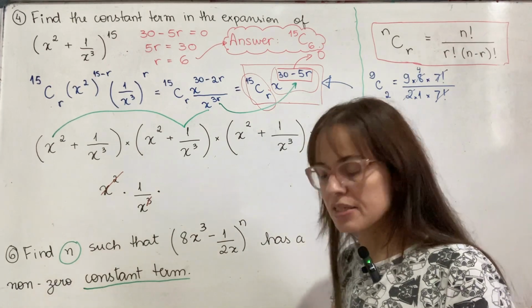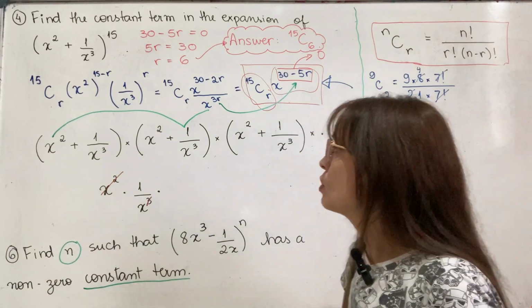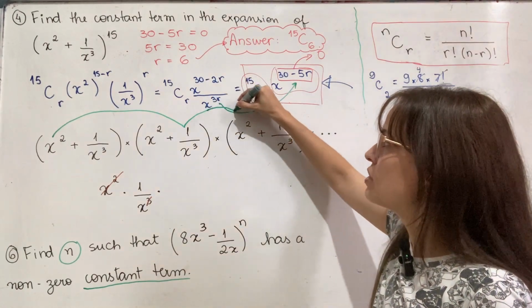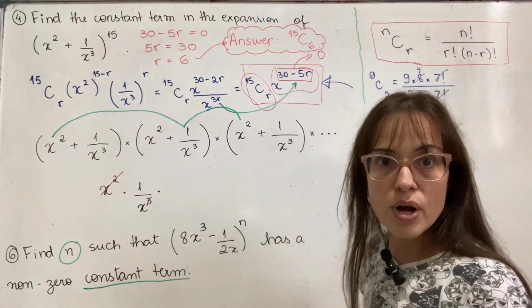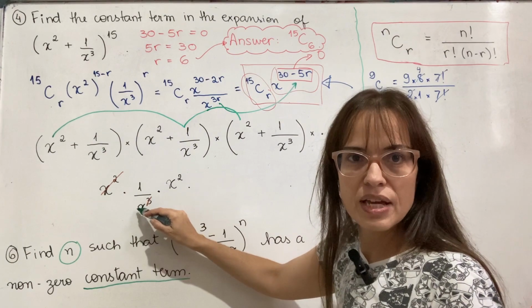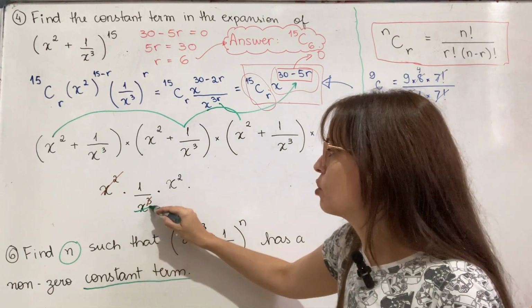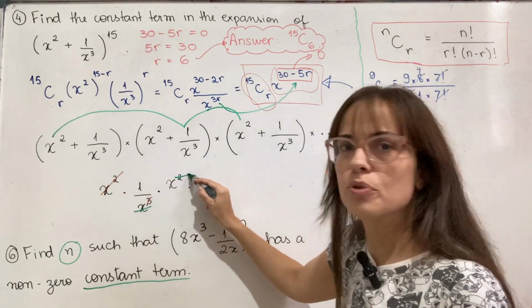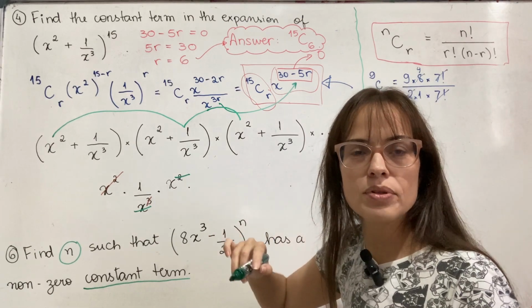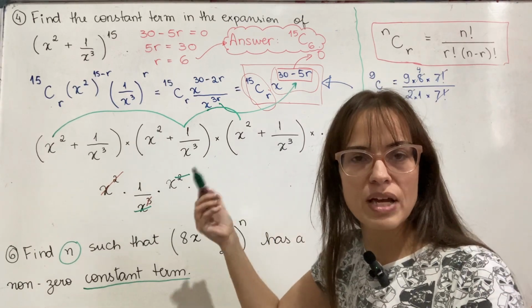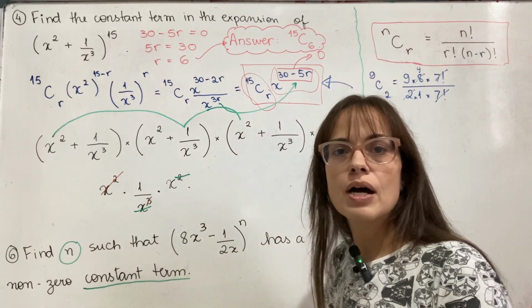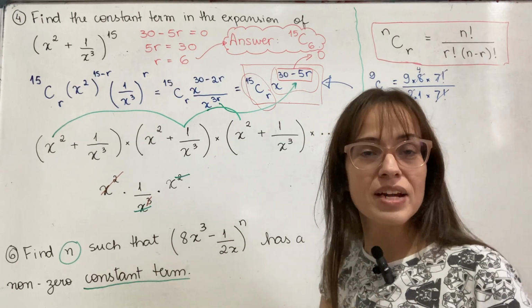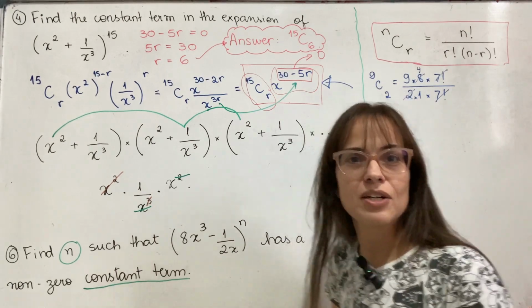It still has x in the denominator. So hopefully the next one that we take is x squared. So now we can cancel that remaining x from the denominator with one of these from the numerator, but now it's wrong the other way. Now I have a little bit of x remaining on the numerator. So it's not as easy to get a constant term.